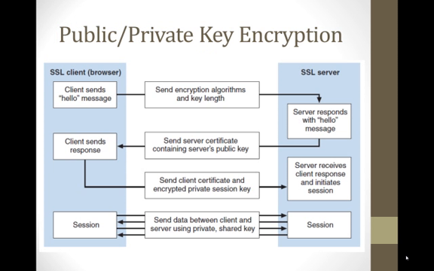So let's look at the public-private key encryption. Essentially what we're doing here is we have to have a way of, when we want information, take the Discover Card example.